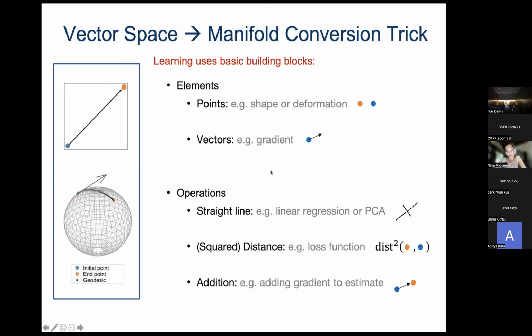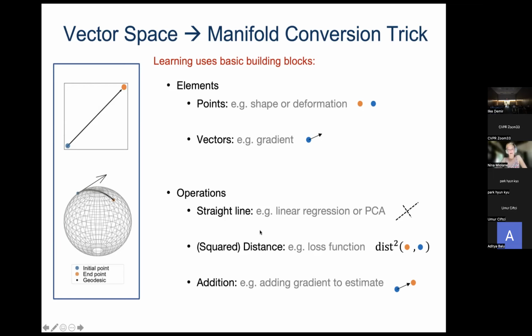The squared distance: in many loss functions, we use a notion of squared distance between the ground truth and our prediction, very often the L2 distance. And then the addition. For example, when we add a gradient to an estimate, we are adding the gradient vector to the estimate point. So we are adding the black arrow to this blue point, and we get an orange point.